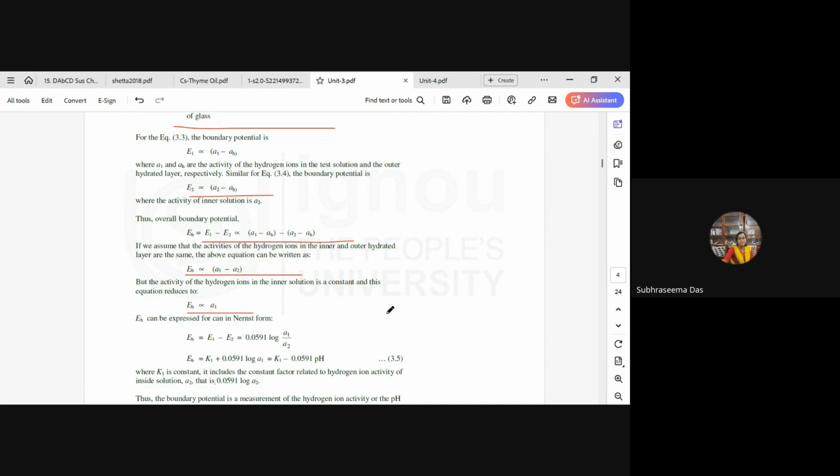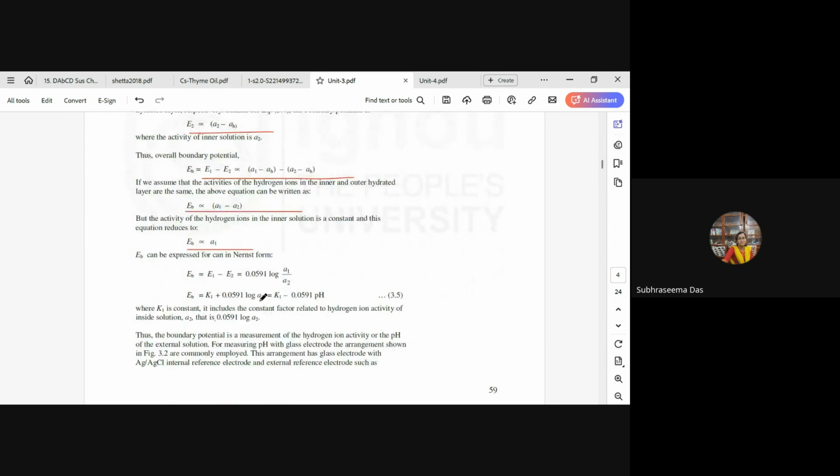Now we apply the Nernst equation to this boundary potential, and we find that EB, the boundary potential, is equal to K1 plus 0.0591 log a1, and in terms of pH, the boundary potential is equal to K1 minus 0.0591 into pH.